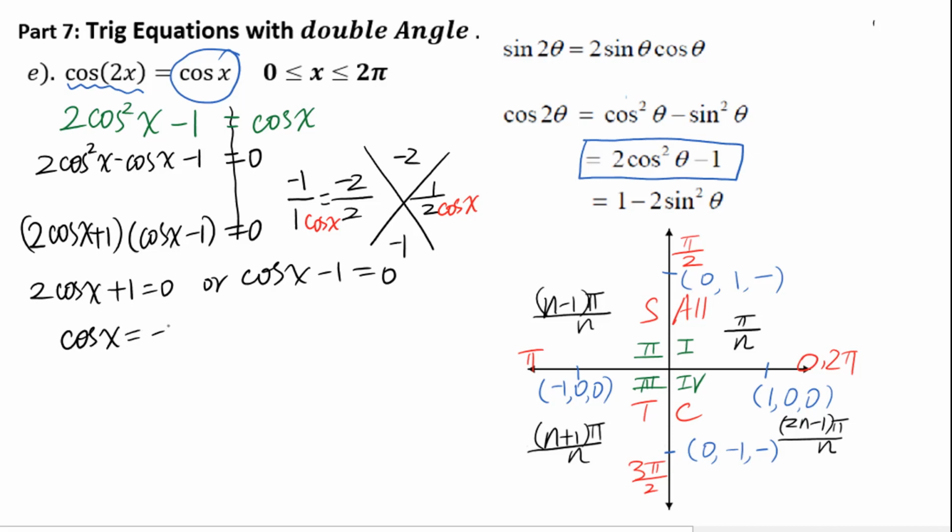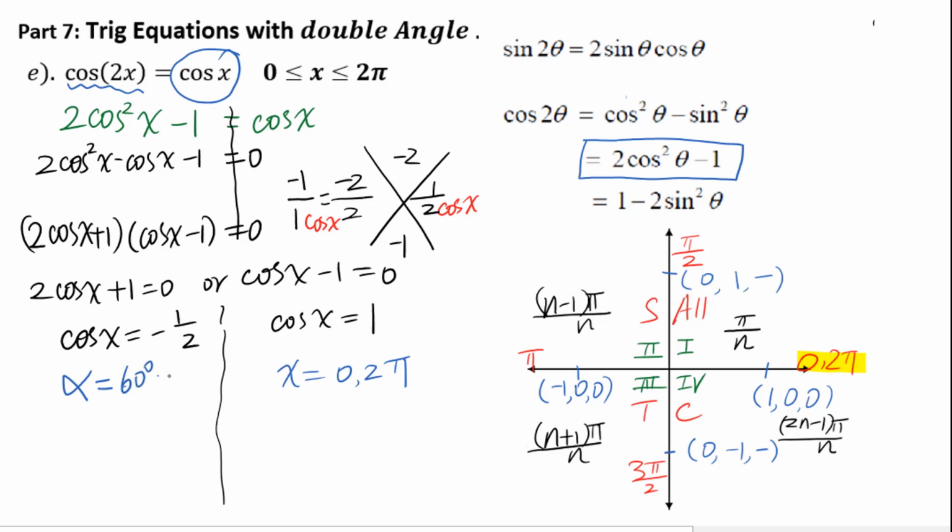Cosine x equals negative 1 over 2, or cosine x equal to 1. For cosine x equal to 1, it's 0 and 2 pi. So we write down x equals 0 and 2 pi. For cosine x equals negative 1 over 2, the reference angle is 60 degrees, which means pi over 3.